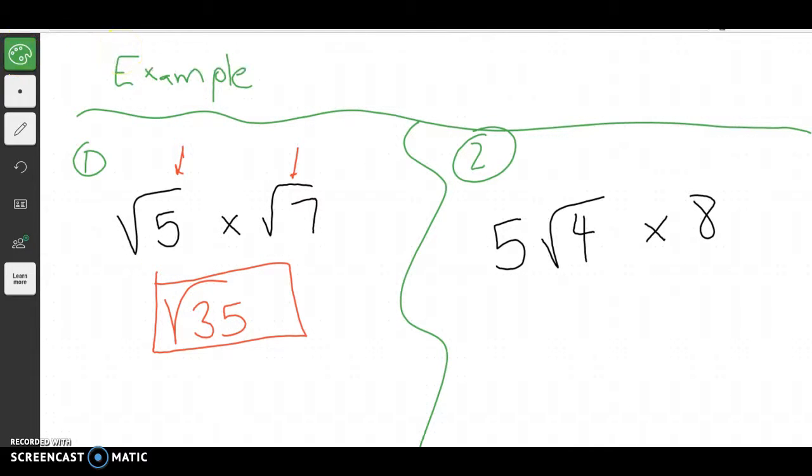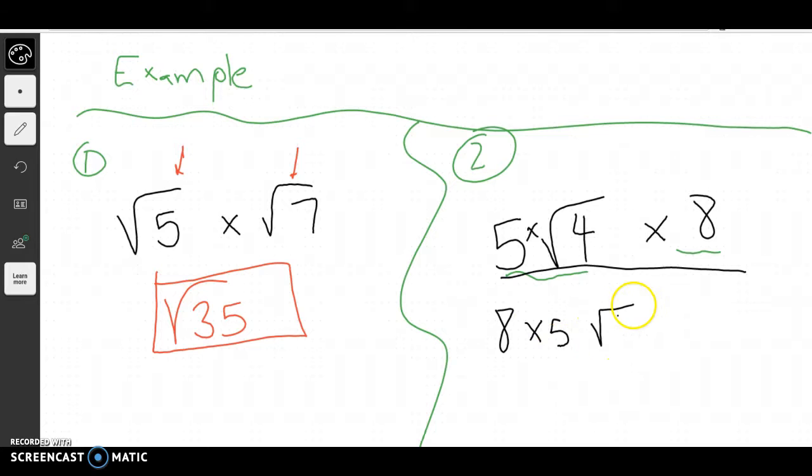And on this side, we have a slightly different example. This thing doesn't have a radical, but this thing does. So I'm going to rearrange this. Technically, there's a multiplication symbol in between there, so I'm going to move the 8 closer to the 5, and just keep that 4 right there. Well, 8 times 5 is 40, and so we'll have 40 radical 4.